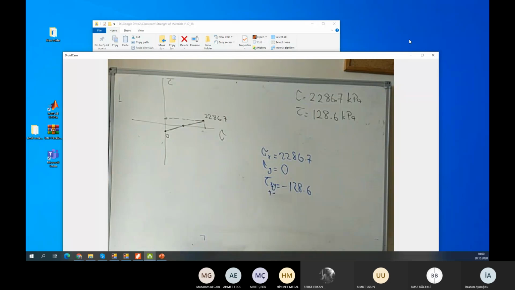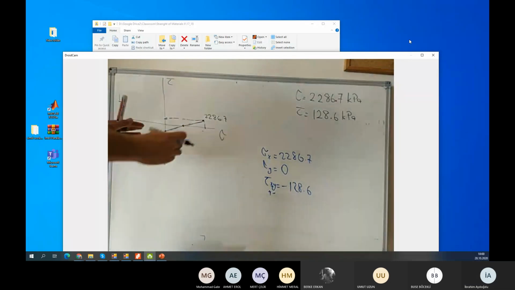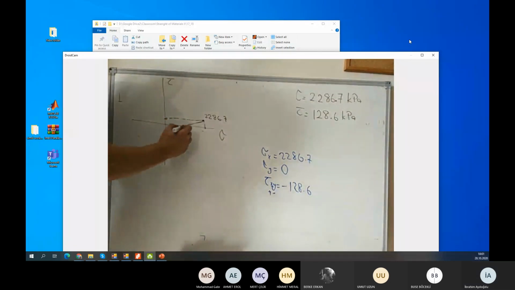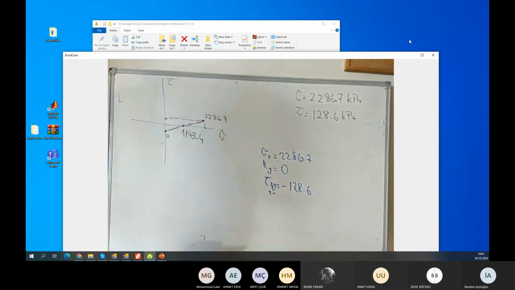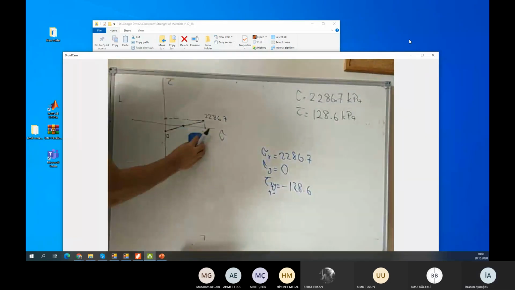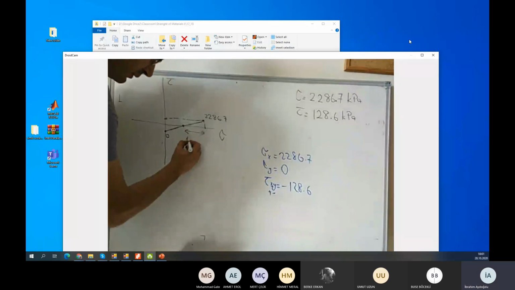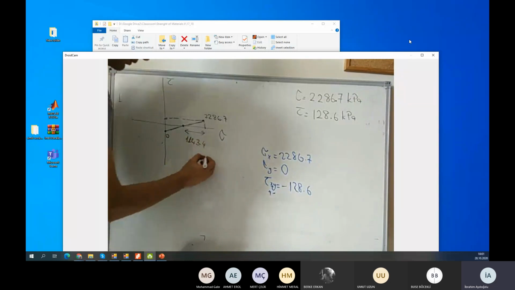Kaç olur arkadaşlar? Sizce? Yarısı olur. Yes, half. 1143.4. Okay. So this length is 1143.4.